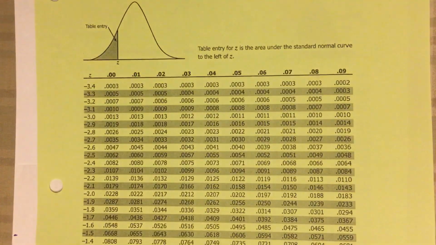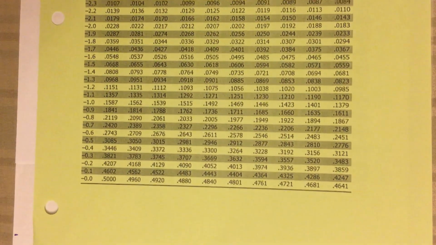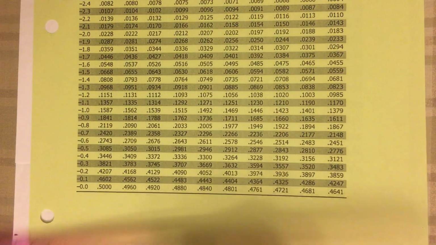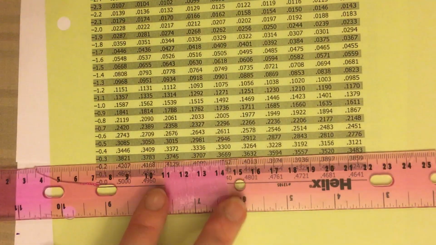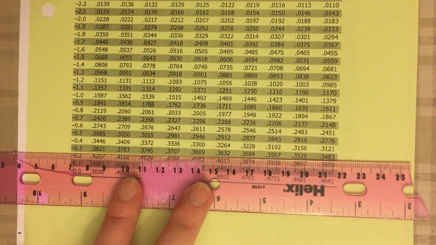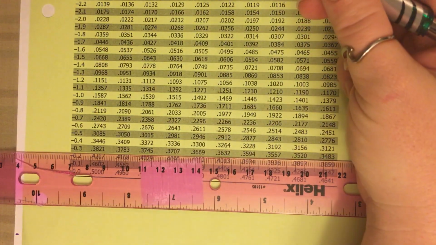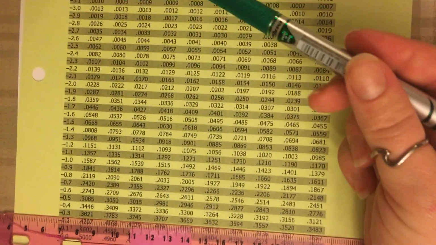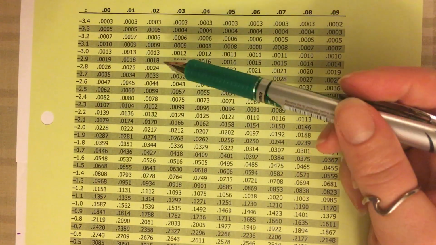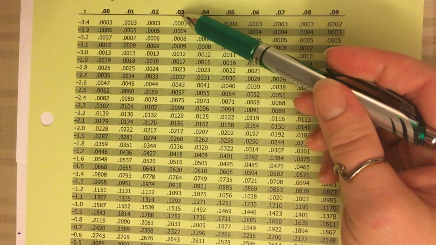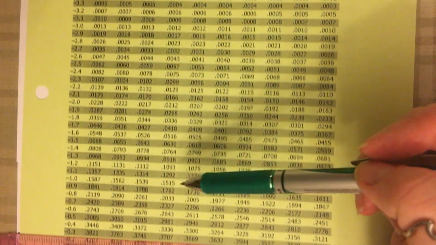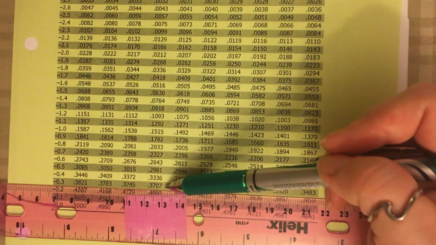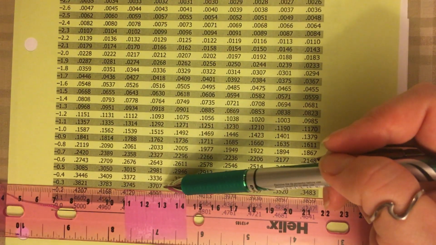So we're going to look at our front page. We're going to go down in our table until we see our negative 0.3. We're going to go over to this column. Let's get this in here. So we're using the column that's the second decimal value is a 3 as well. We move down this column, we get an area of 0.3707.